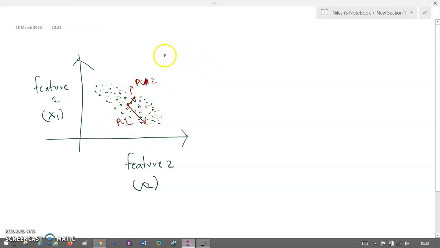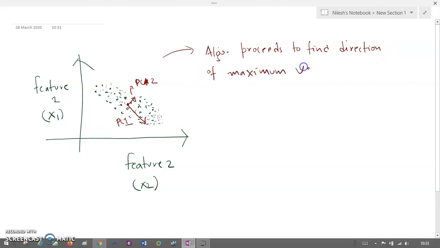So what the algorithm does is it proceeds to find the direction of maximum variance.